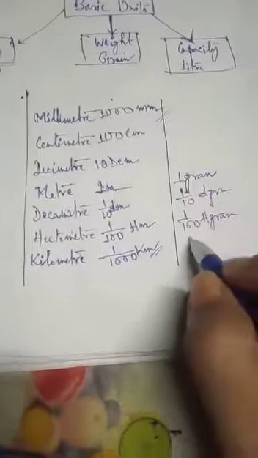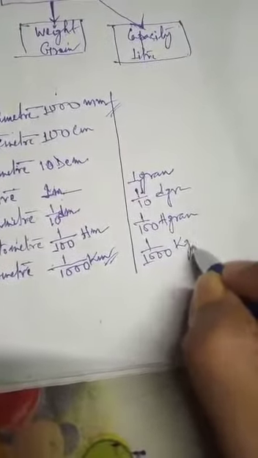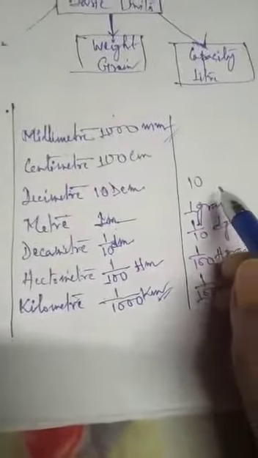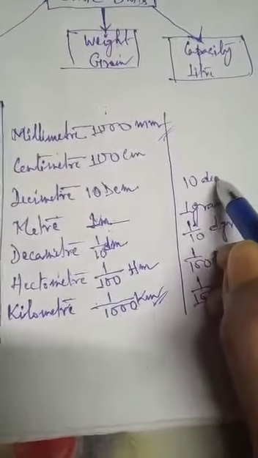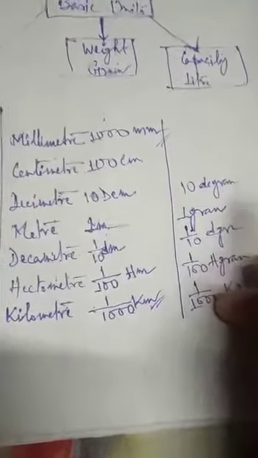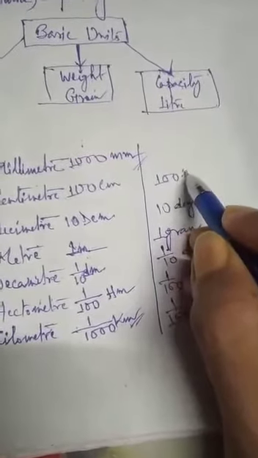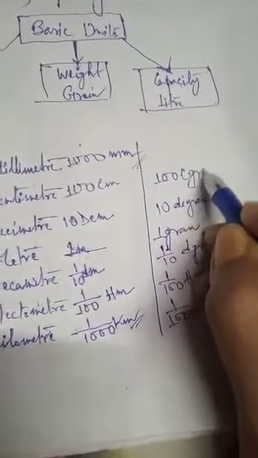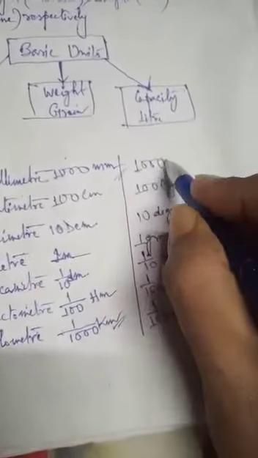Again downward, divide by 1000, kilogram. If you go upward, then multiply by 10, that means decigram. Again upward, multiply by 100, that means centigram. Again upward, 1000, milligram.